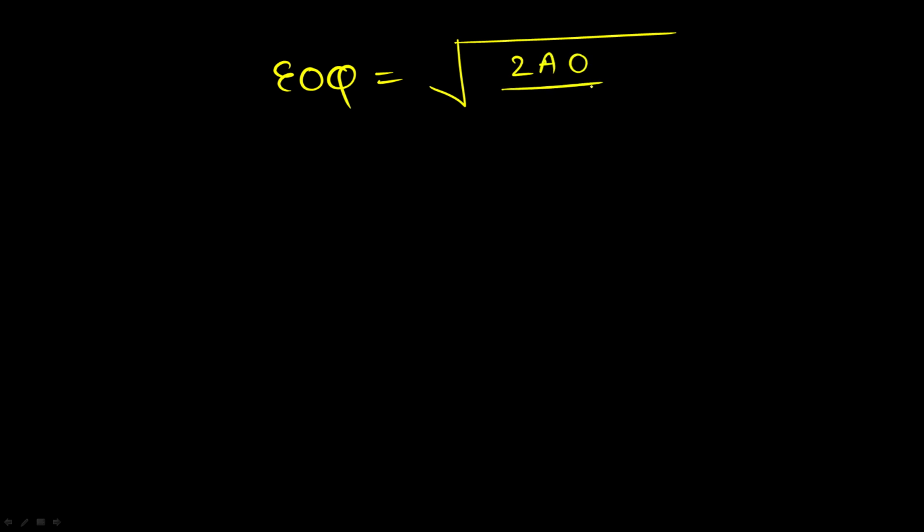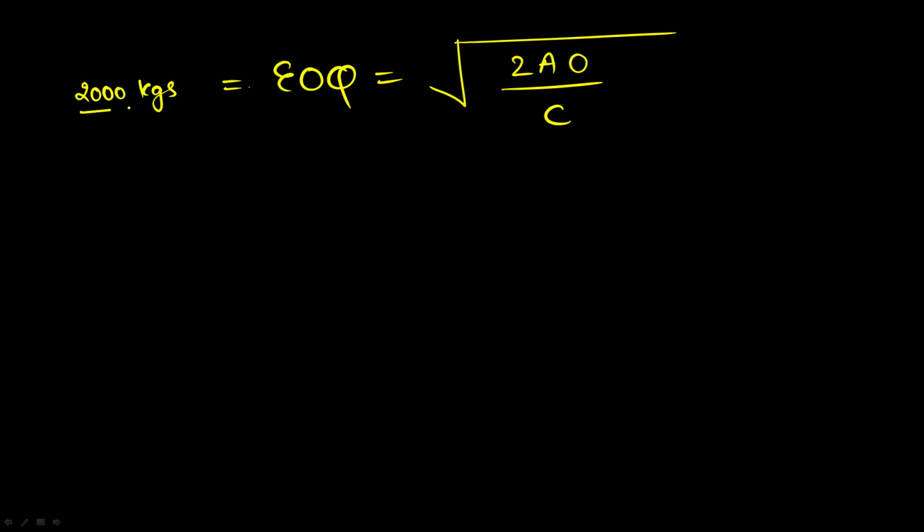We are going to Wilson's formula of EOQ, where he says EOQ is equal to under root 2AO divided by C. Before understanding the formula, tell me if this is 2000 kgs.